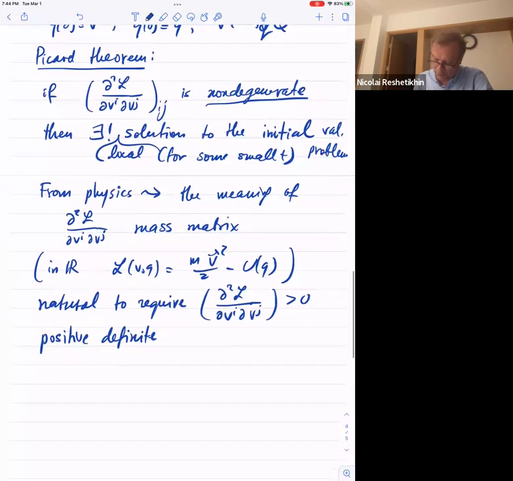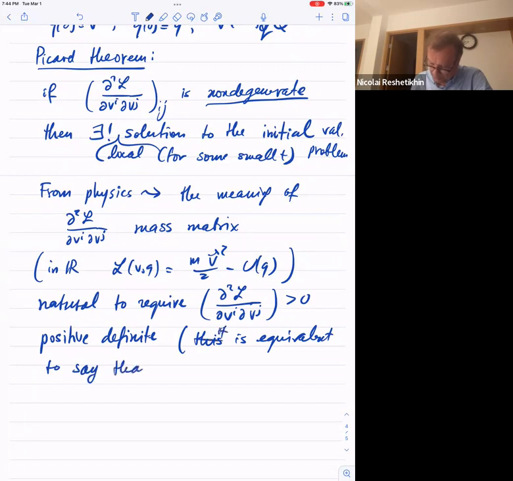So all eigenvalues positive, and as you say, this is equivalent to saying that this is a metric. But a priori, there is no metric.